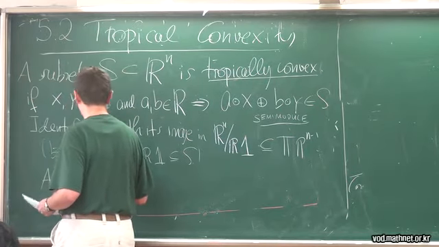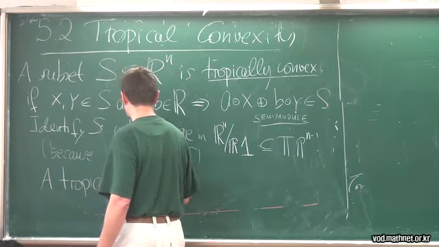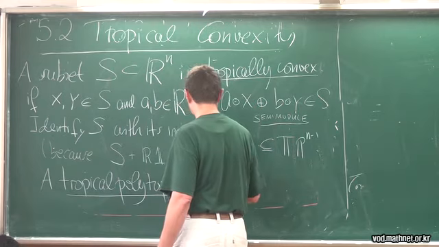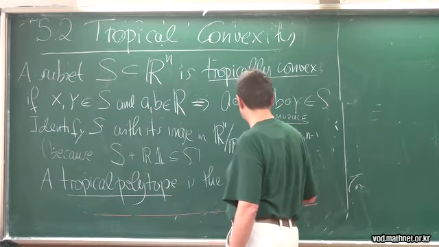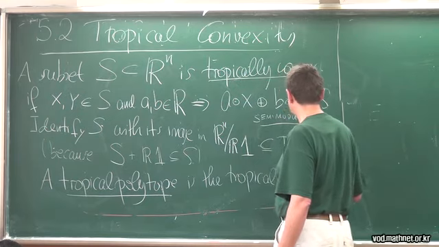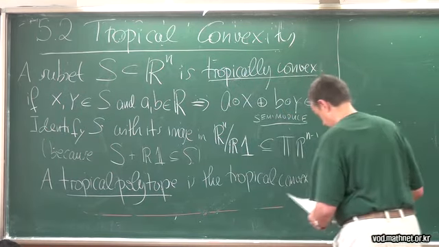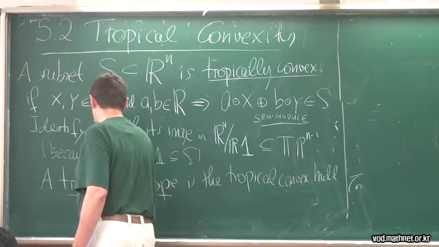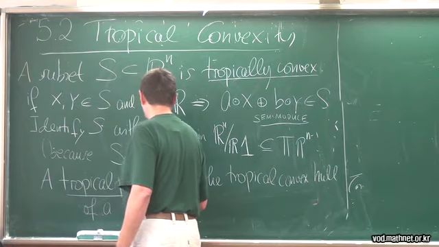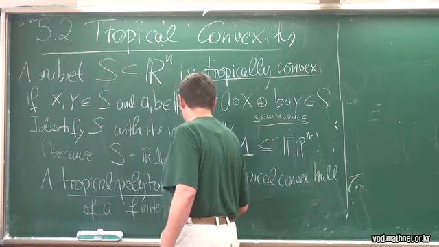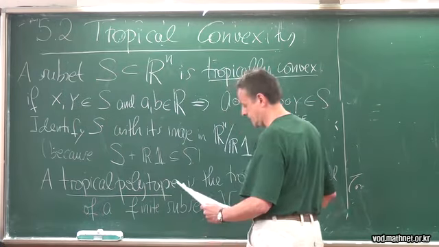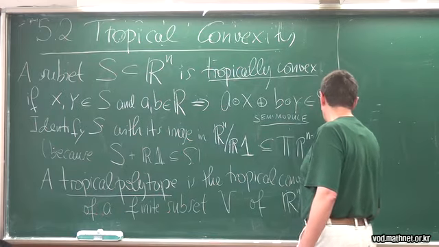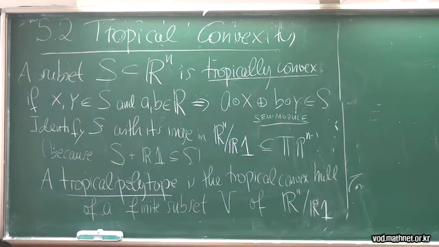So a tropical polytope is the tropical convex hull of a finite subset, let's call it V, suggestively for vertices, of R to the n, and we're going to go mod the 1, 1, 1 vector. Okay, so that's a tropical polytope.